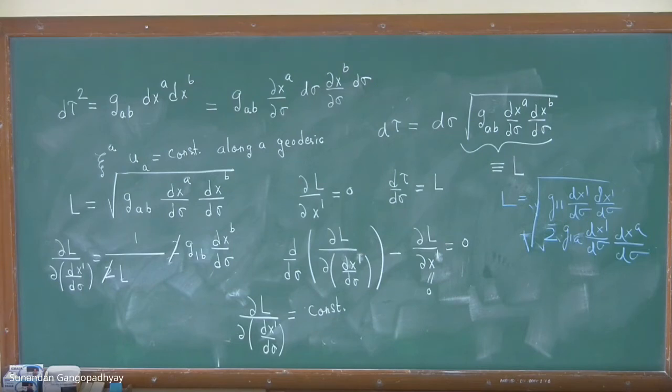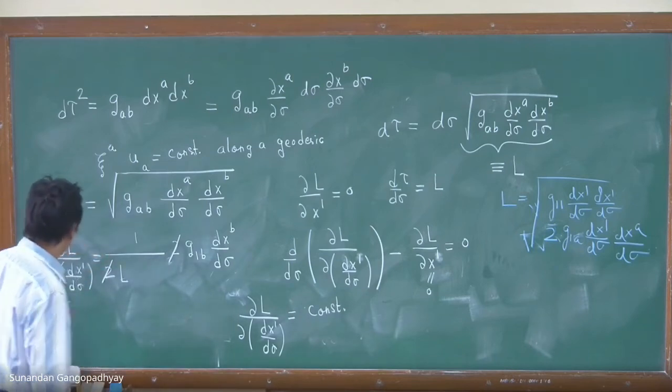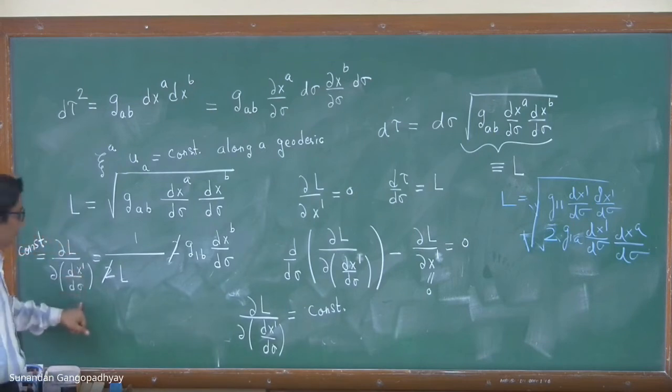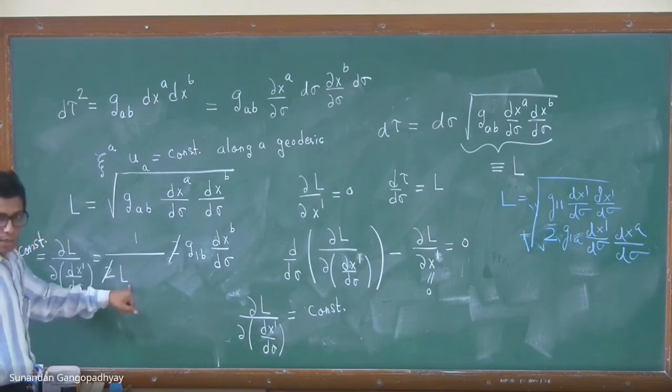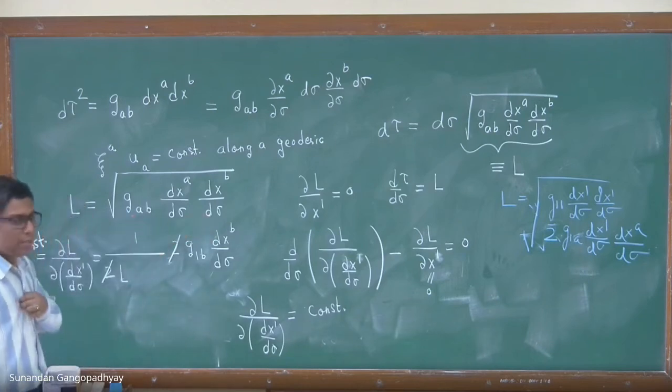And remember that this is a constant. So if I differentiate L with respect to dx1 by d sigma, I will get 1 by 2L. And from here, you have to just differentiate this with respect to this factor, dx1 by d sigma.